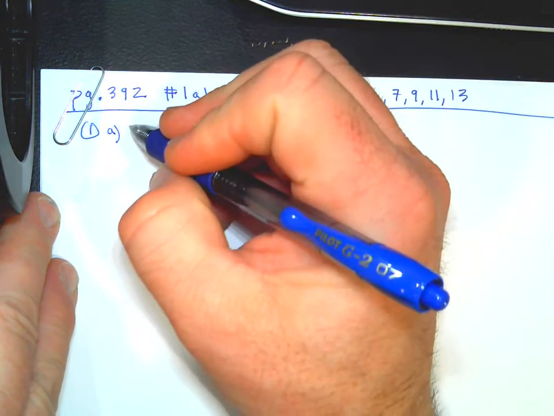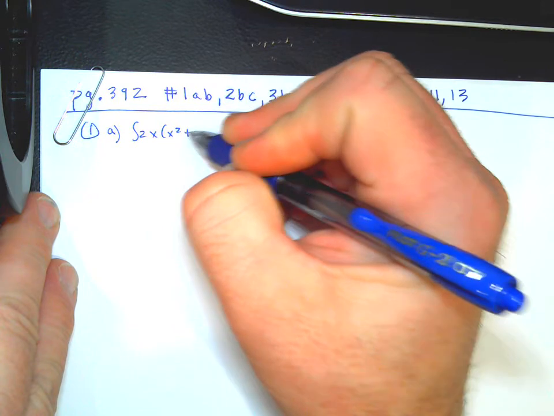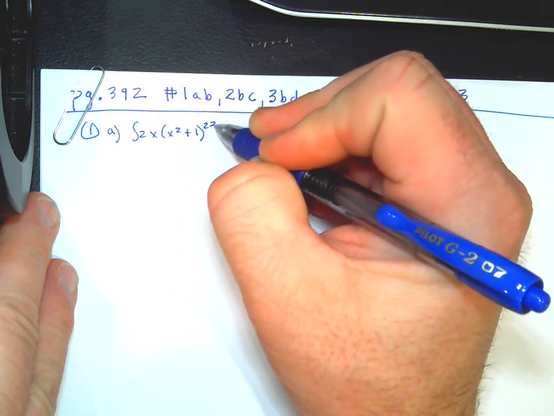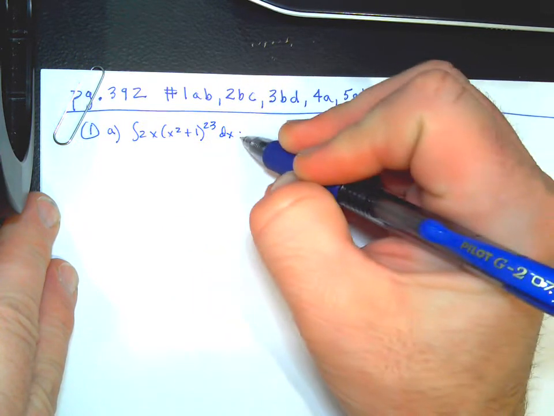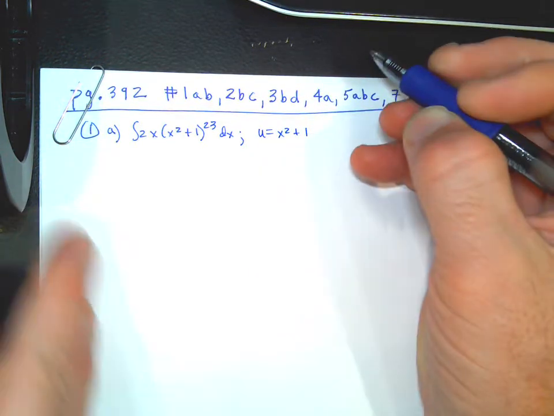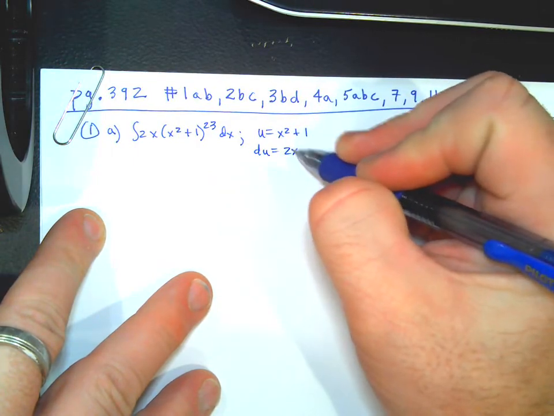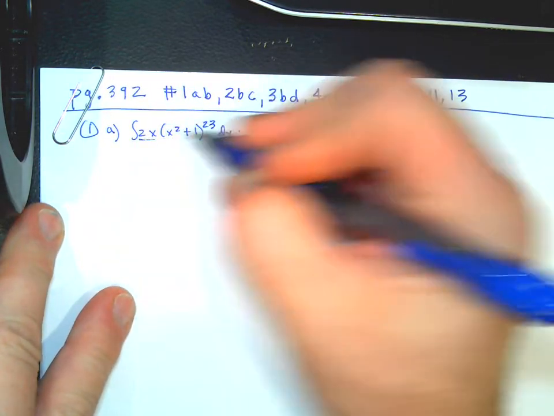So number 1, part A: the integral of 2x times (x squared plus 1) to the 23rd dx, with u equals x squared plus 1. So du equals 2x dx, which is perfect.